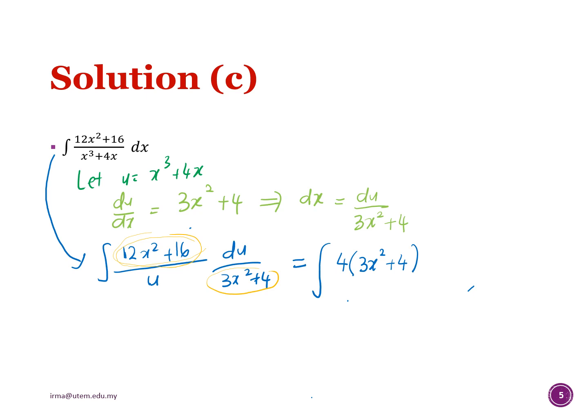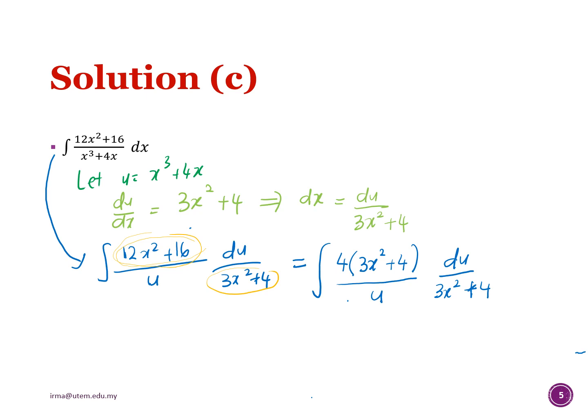If I expand this, I will get 12x squared plus 16 over u. And we have the same terms here, which is du over 3x squared plus 4.